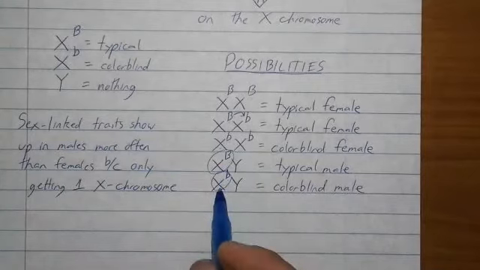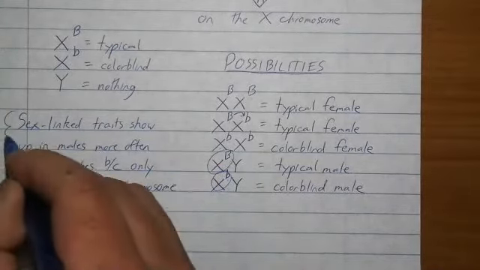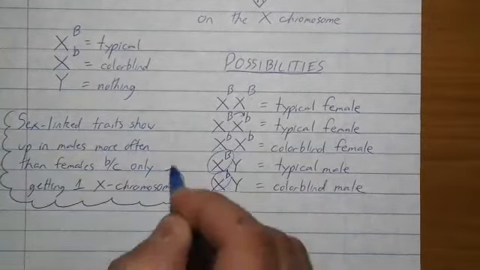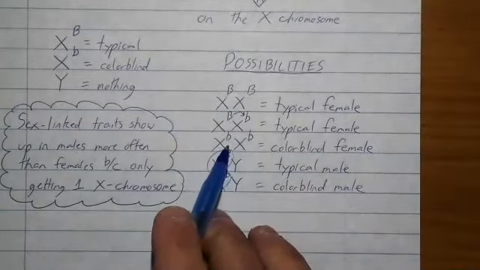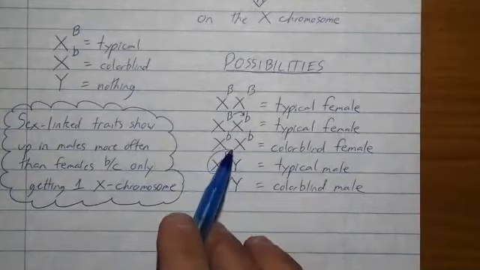Because you only get 1 X chromosome as a male, whatever you get is what you got. Whereas a female would need 2 copies to turn to a different phenotype.